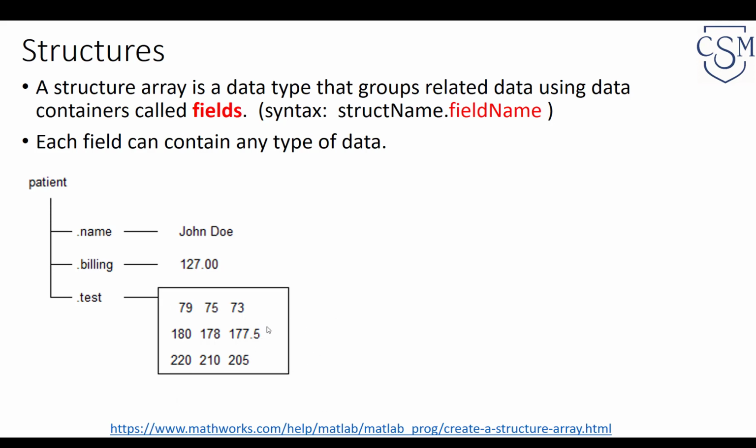Within that patient, we could have a field that represents their name, a field billing that is how much they are owing, and then another field dot test that has whatever test scores the patient had. And so this could be one part of a struct. Let's look at how we could make a struct containing these different fields.